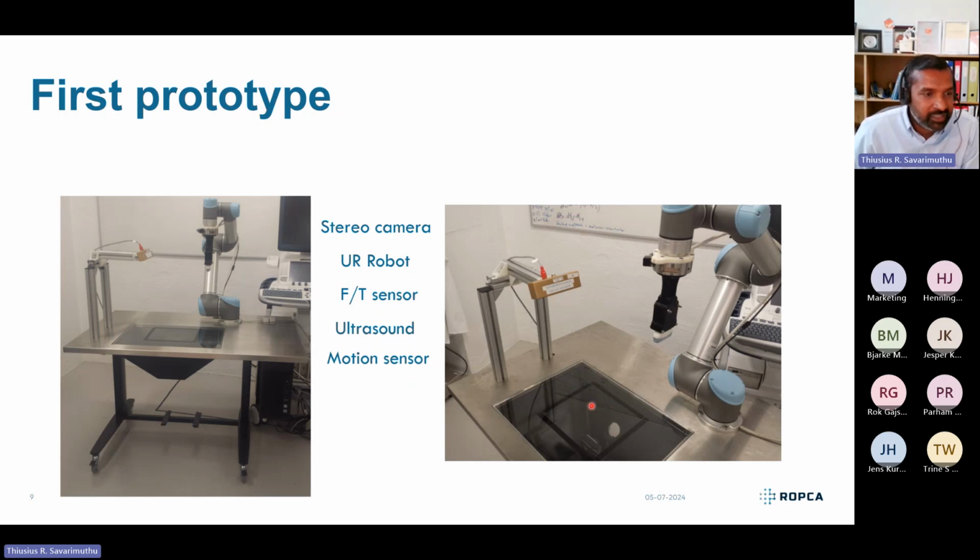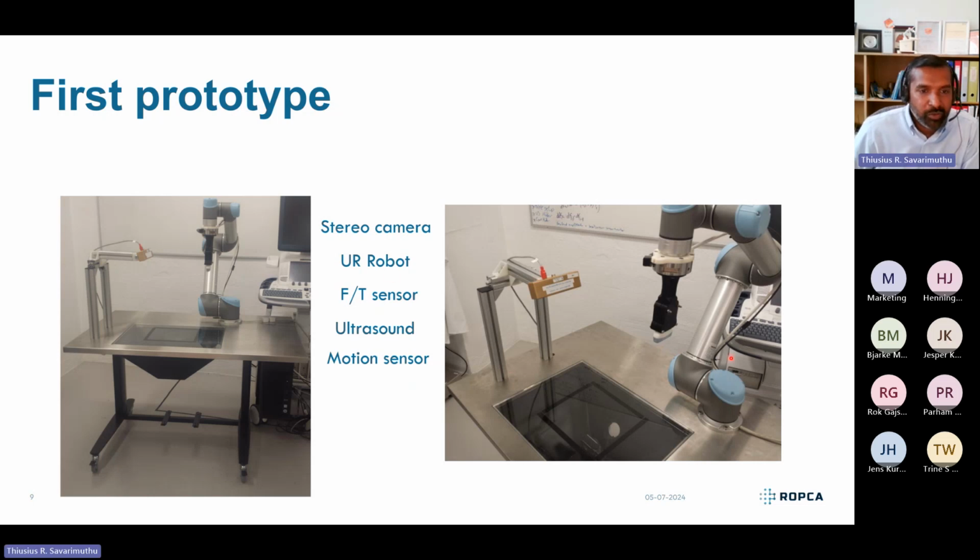It was mostly test subjects from the university. In any case, the test subject would place their hand inside this shaded box, and a stereo camera would basically take images of their hand, and based on this, we would estimate the 3D positions of the hand relative to the camera.